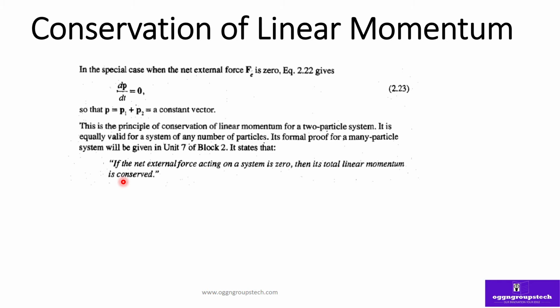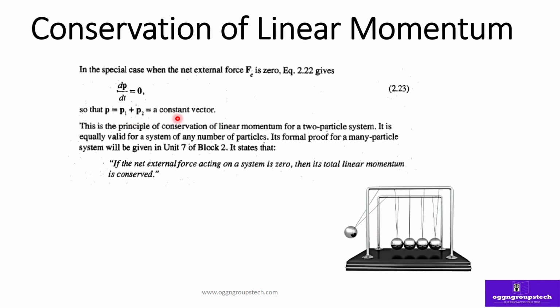That's it. So as a result, if Fe is equal to 0, then my dP by dt is also equal to 0. So as a result, my P, which is P1 plus P2, will give me some constant vector. Fine. So this is also an example of conservation of momentum.